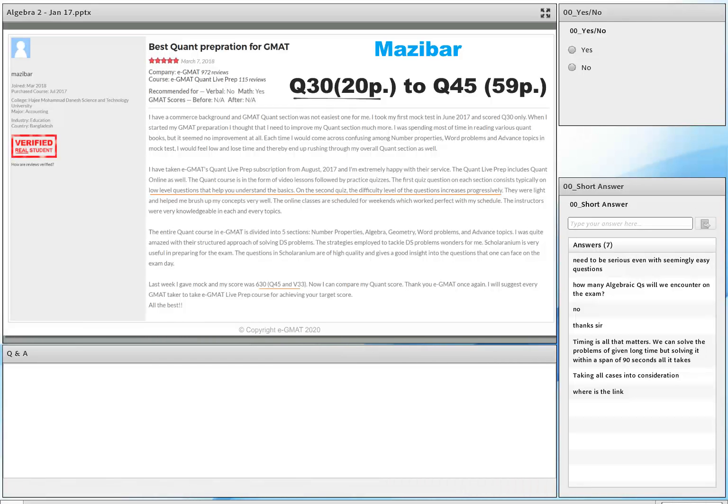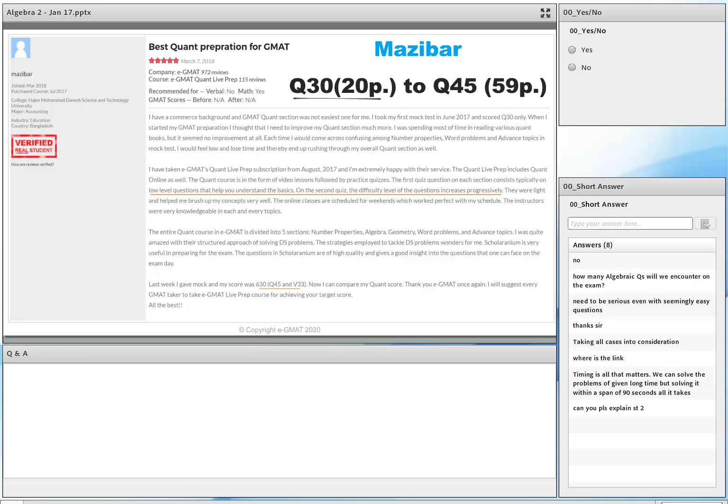He used this scholarinium tool. He understood the e-GMAT's way of doing things, and we always tell our students to not apply shortcuts or short tricks. They are not going to help you. They might help you now, but they're not going to help you in the long term, right? And especially when GMAT throws difficult questions at you, when you're going through a very good GMAT quant, right?